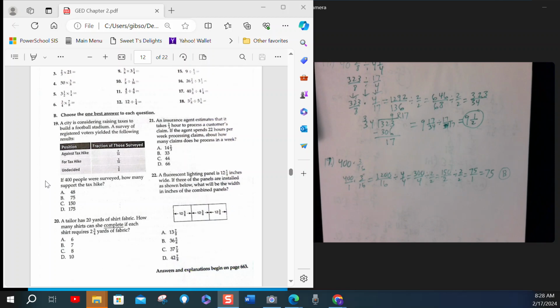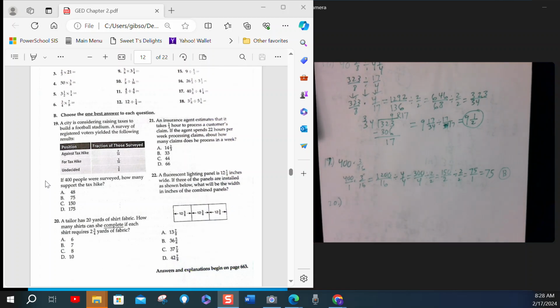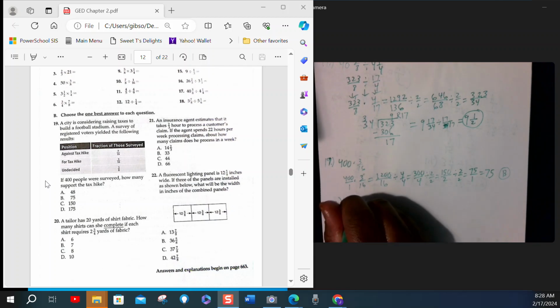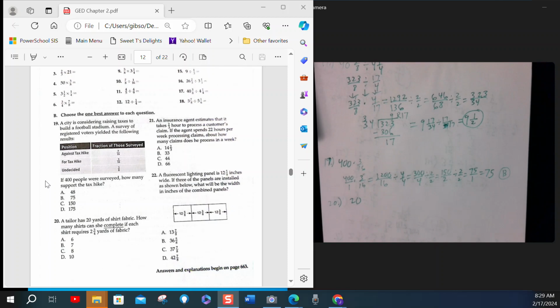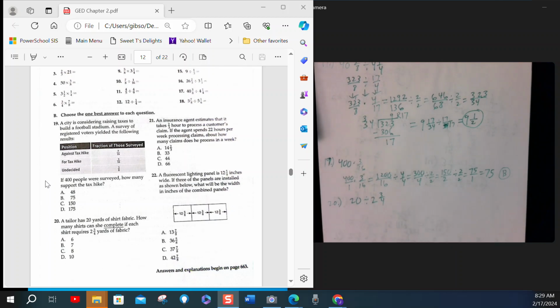Now, we look here, let's look at problem 20. It says a tailor has 20 yards of shirt fabric. How many shirts can she complete if each shirt requires 2 3/4 yards of fabric? So this is division. We have 20 yards, and we're going to divide by how much one shirt takes, 2 3/4.